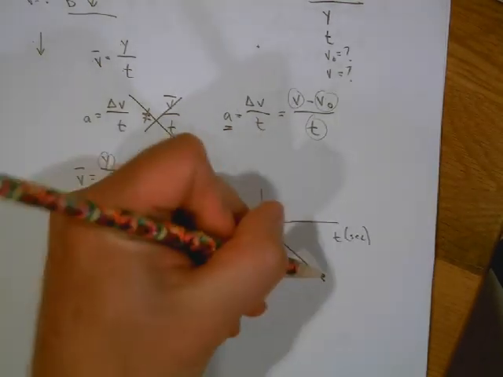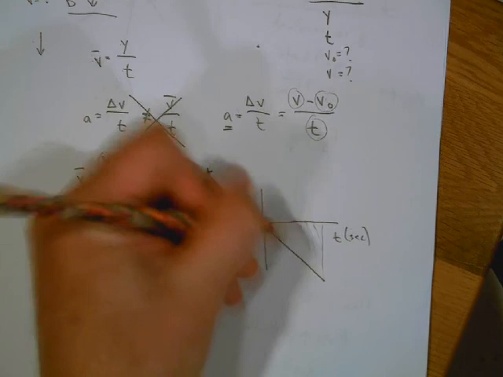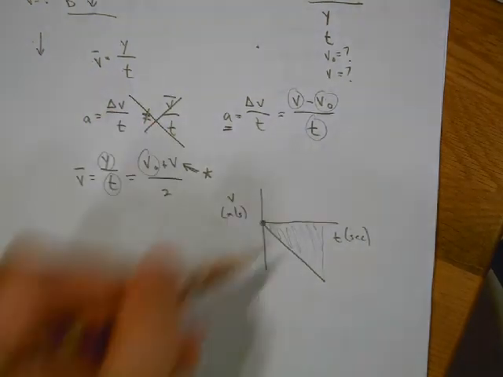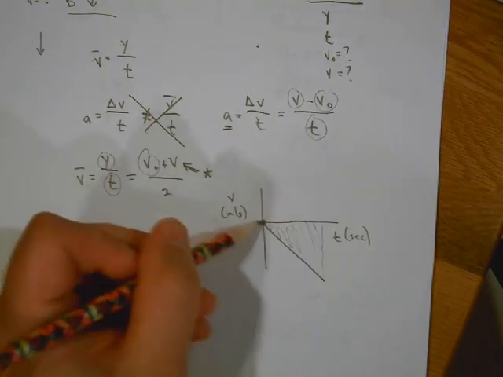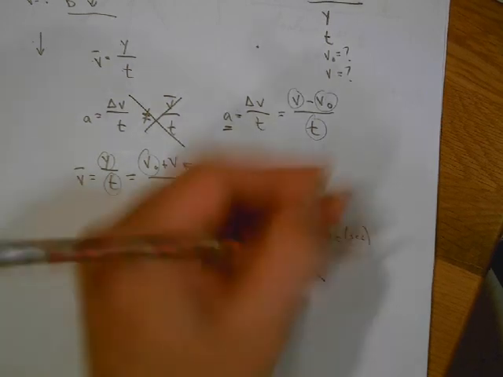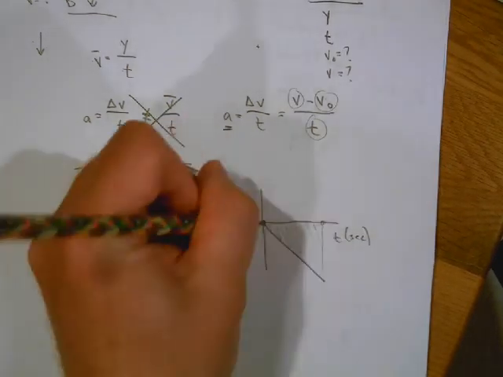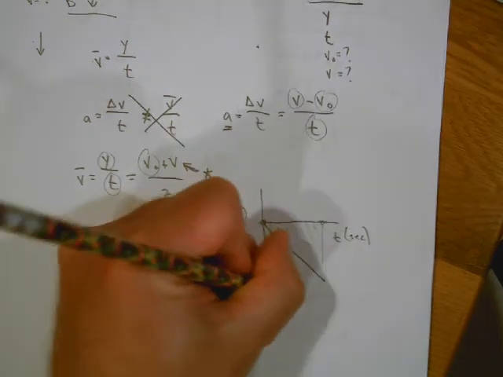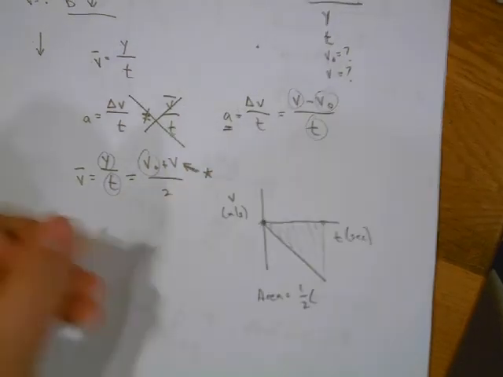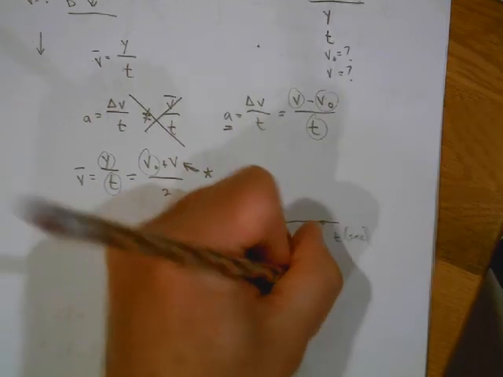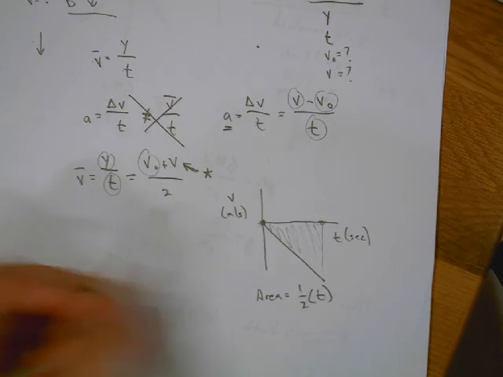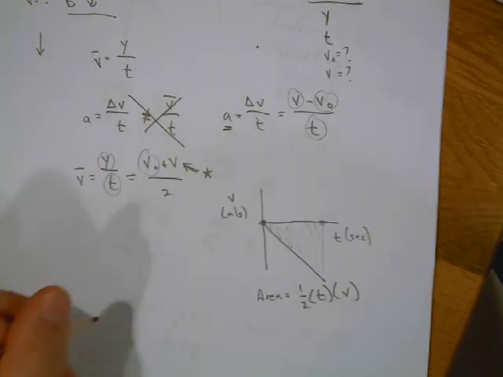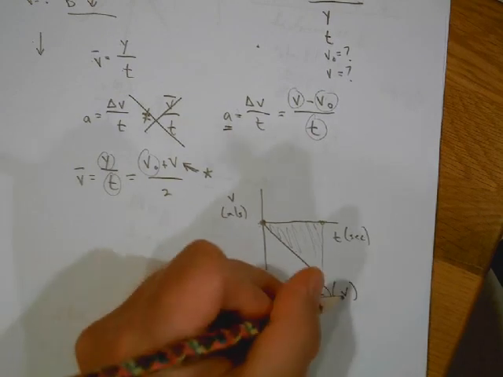Then you were supposed to do a couple different things. You were supposed to find that area. That would be 1/2 base times height, because that's a triangle. My base is this many seconds. So my area would equal 1/2 the time, whatever seconds is, times this.